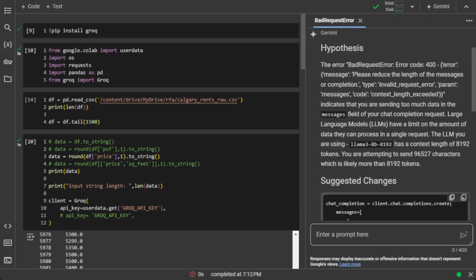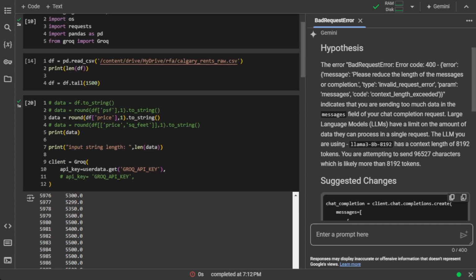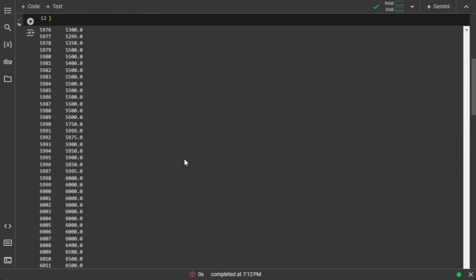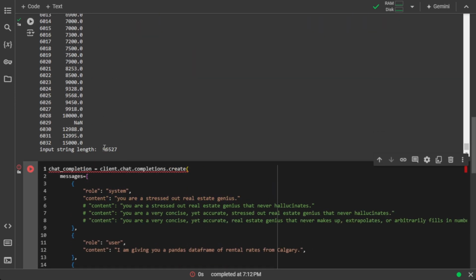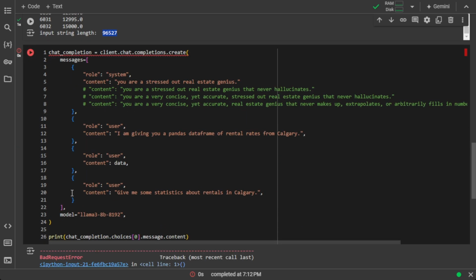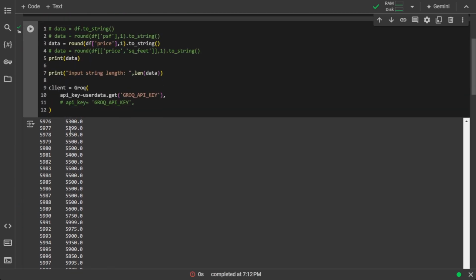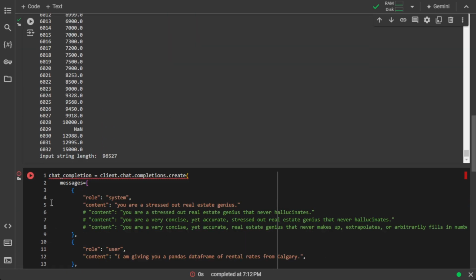So let's comment. Okay, and we're back, and I gotta be honest, that took an embarrassingly long time to figure out. Anyways, the input string length right here, it's a good thing I have these little tricks to remind myself.